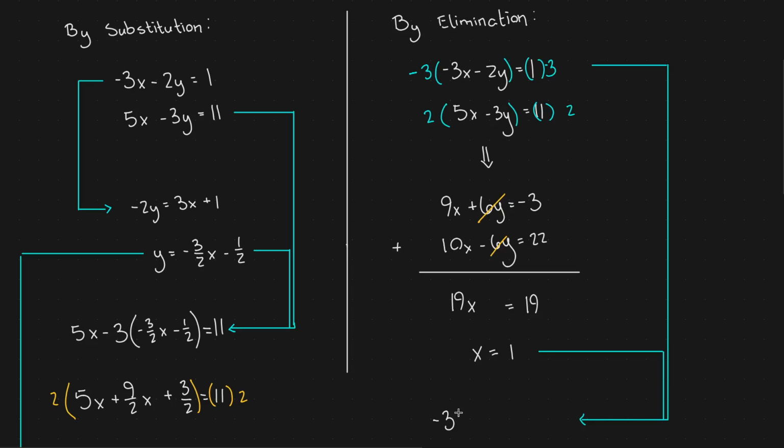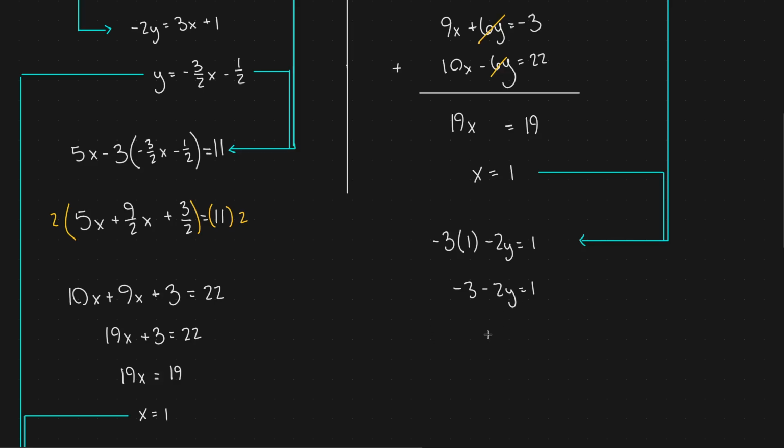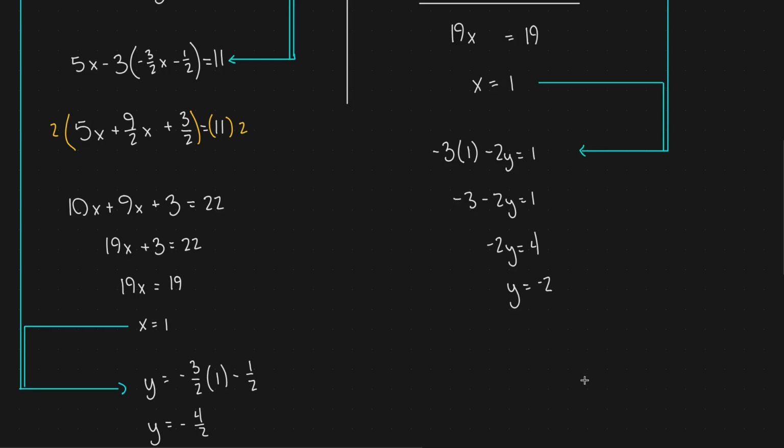So I have negative 3 times x, which I just found is 1, minus 2y has to be equal to 1 to make this system of equations true. So I get negative 3 minus 2y equals 1. Add the 3 to the other side. Negative 2y equals 4, or y equals negative 2. And so I get the same solution as before. x equals 1, y equals negative 2.